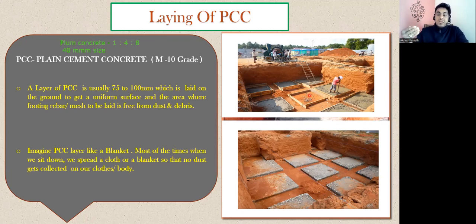Whereas in the normal RCC structure, for a footing, for column, for slab, we use M20. They may ask you in the interview sometime, what is the size of the aggregate you use in a PCC? You can tell 40 mm. But in the normal footing and other RCC work, we use only 20 mm aggregate and not more than that.